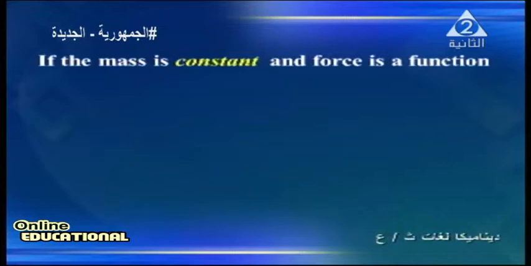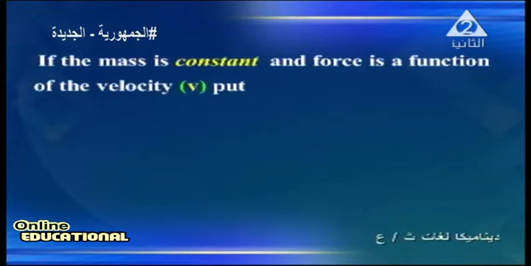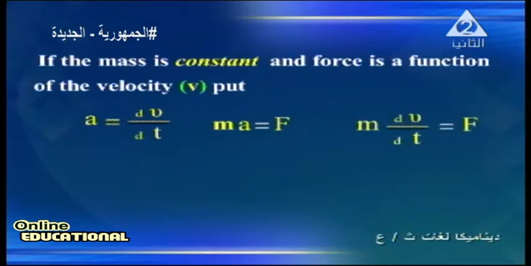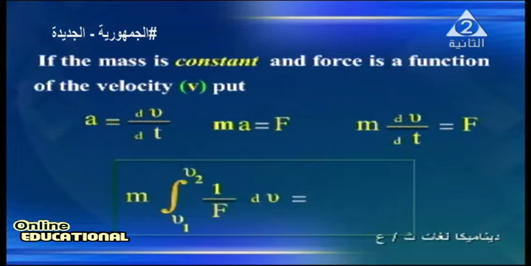If the mass is constant and the force is a function of the velocity v, put the acceleration a equals dv/dt, and the formula ma equals F can be written in the form m dv/dt equals F. Then m integration 1 over F dv from v1 to v2 equals integration dt from t1 to t2.